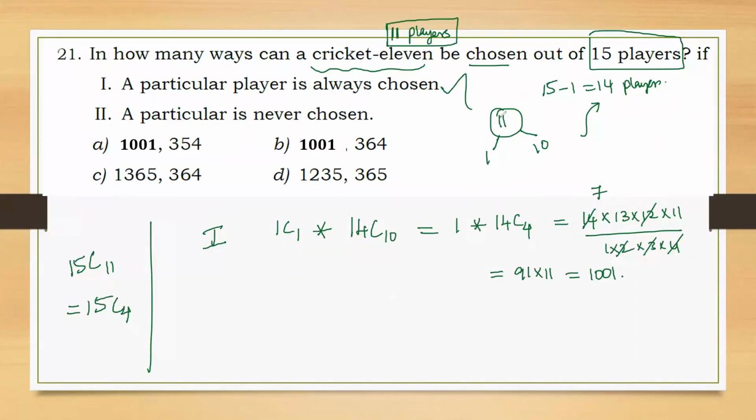So instead of 11, now we are going to select only 10 out of 14. Since one of the 15 players is already selected, from the remaining 14 players you need to select 10 for the game. Is it clear? Any doubt? If you have any doubt, please respond to the message. I'm ready to explain once again.